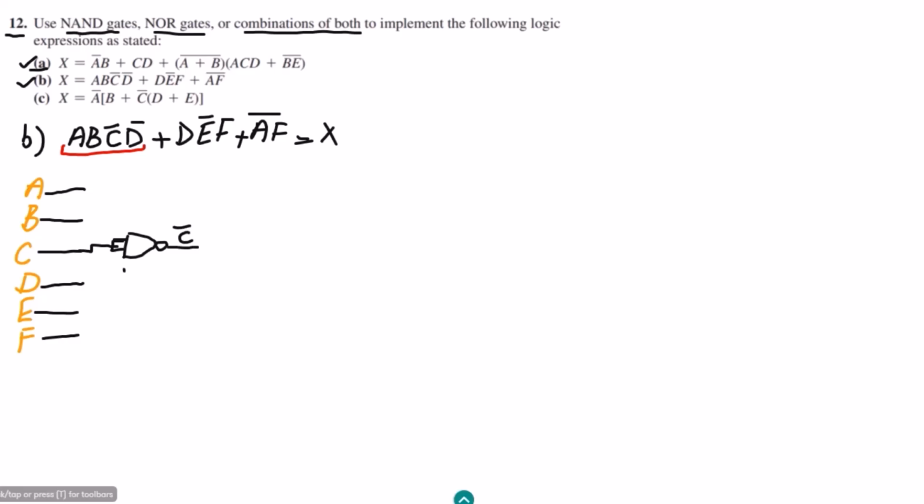Similarly another NAND gate, which will have two inputs combined, and giving this to this one, I will get D complement.